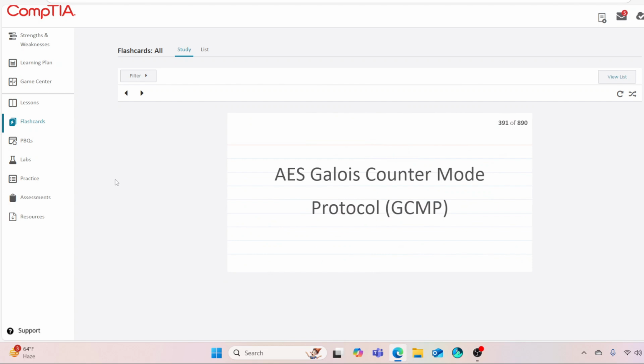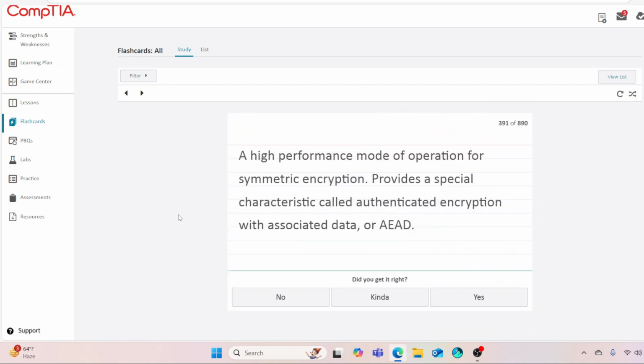AES Galois Counter Mode Protocol. A high-performance mode of operation for symmetric encryption that provides a special characteristic called authenticated encryption with associated data, or AEAD.